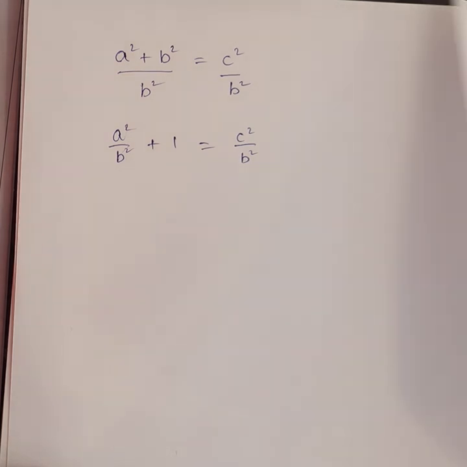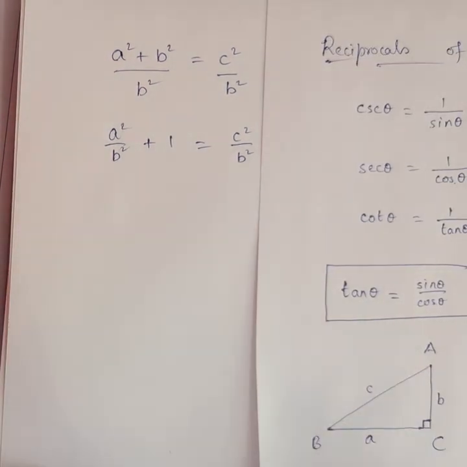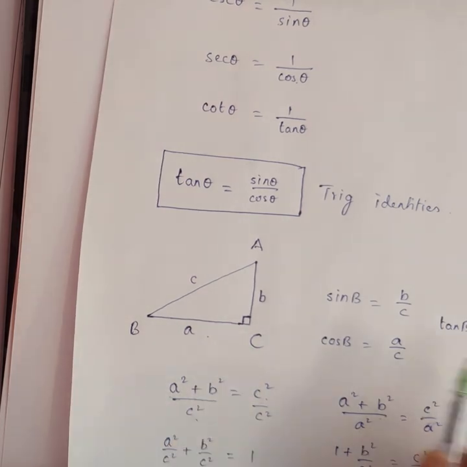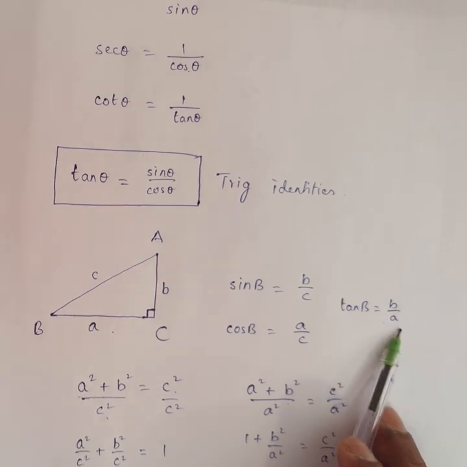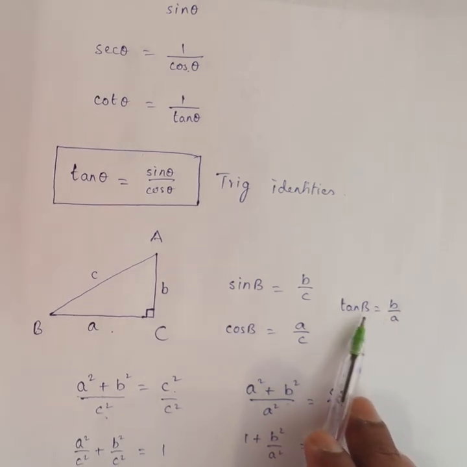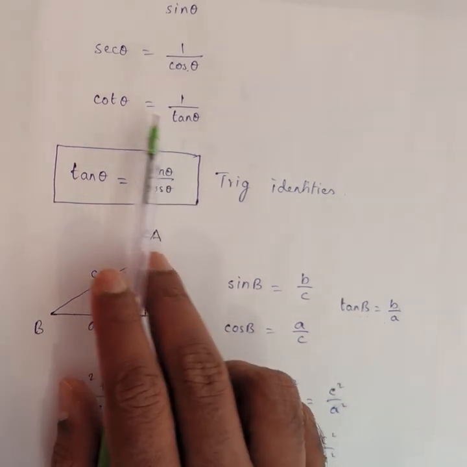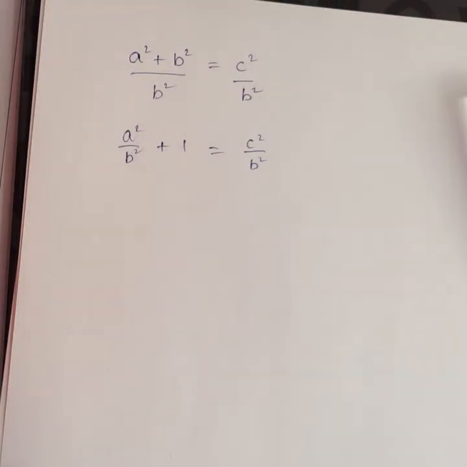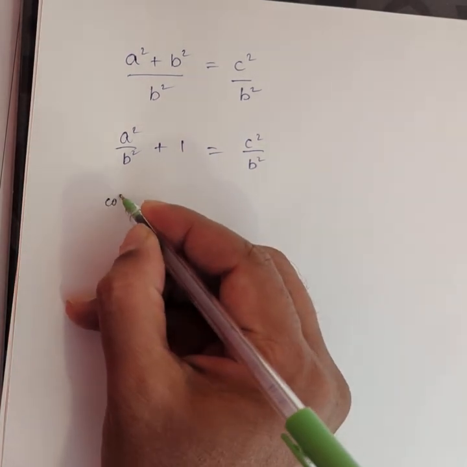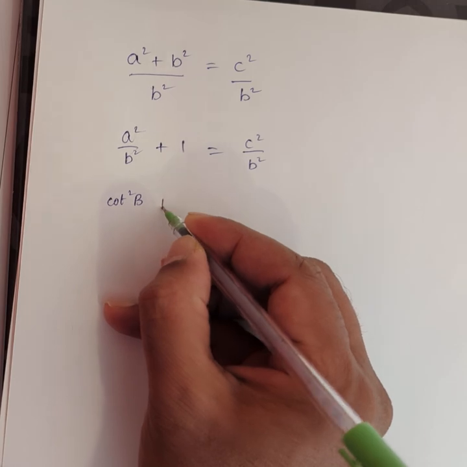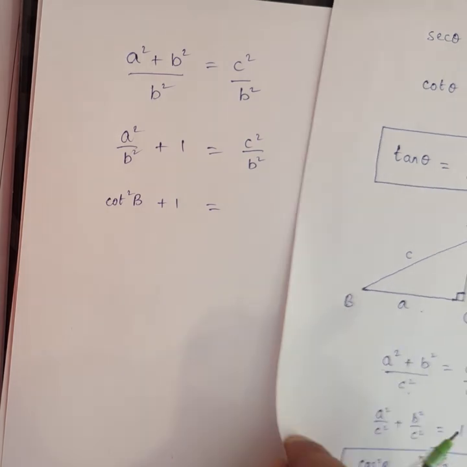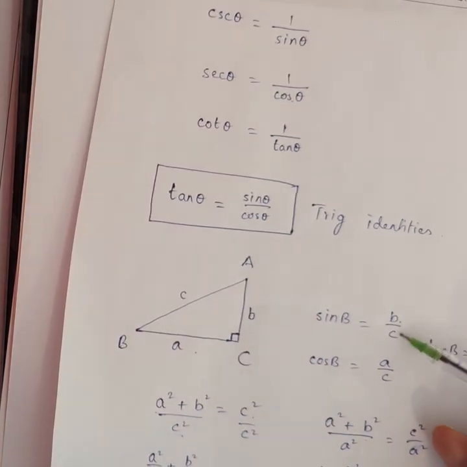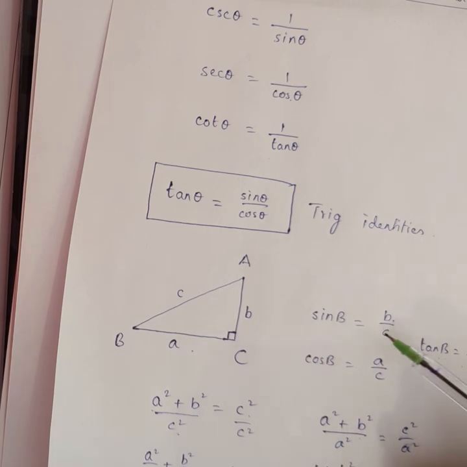So let's go back to our picture and ask what is a over b. Well, tan b is b over a, which means a over b is its reciprocal. What's the reciprocal of tan? It's cot. So I can write this as cot square b plus 1 is equal to, what is c square over b square? Well, b over c is sine b. So c over b would have to be its reciprocal.